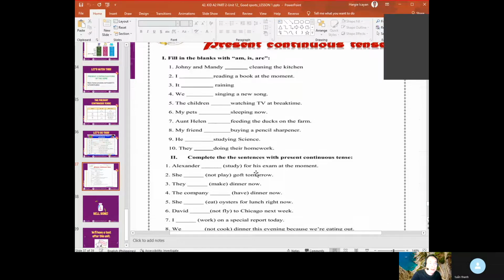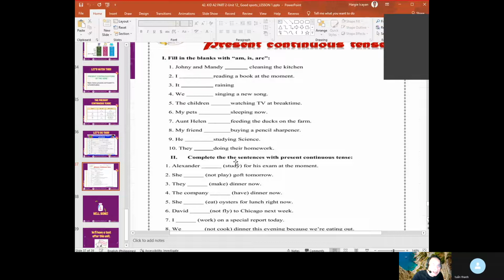So what we need to do is complete the sentences with the present continuous tense. We have to do the present continuous form of the following verbs enclosed in parentheses, like study.